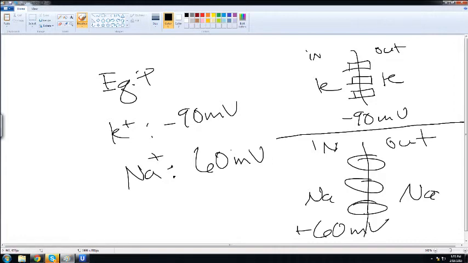So if you want to understand an action potential, all you have to know is this. If you have potassium channels open, potassium is going to do whatever it can to get the cell to negative 90 millivolts. If you have sodium channels open, it's going to do whatever it can to get the cell to 60 millivolts.